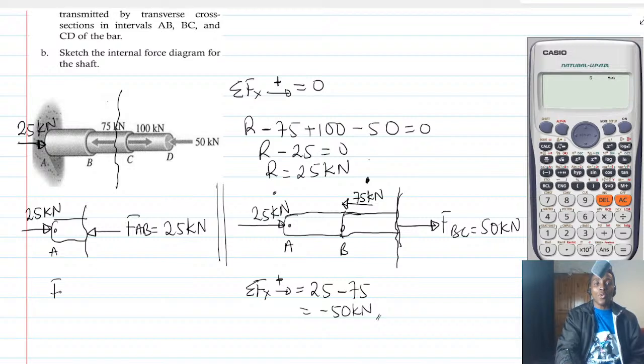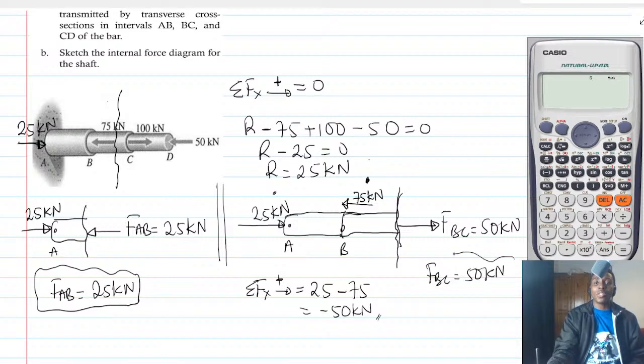So now we know that FAB is 25 kilonewtons and FBC is 50 kilonewtons.